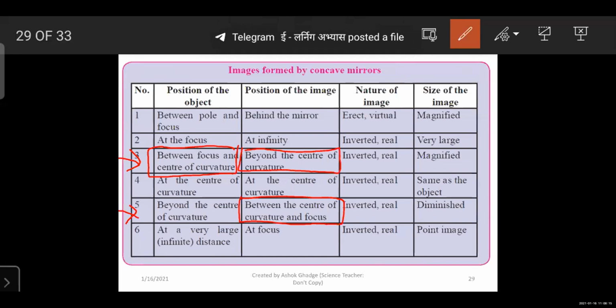The image was real and inverted in both conditions. But when the object is beyond the center of curvature, the size of the image is diminished. And if the object position is between the focus and the center of curvature, we got a magnified image. So you can write the difference also. You can differentiate between the two conditions here.